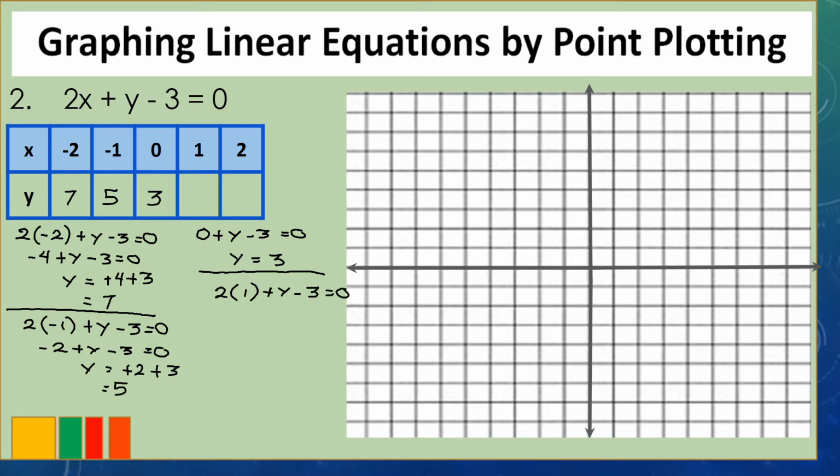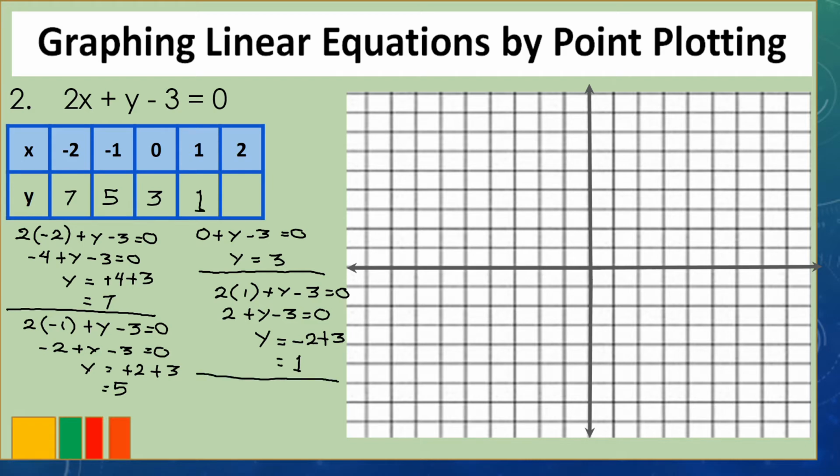So this will be 2 plus y minus 3 equals 0. By addition property, it will be y is equal to positive 3 and negative 2, and that will be y is equal to 1.